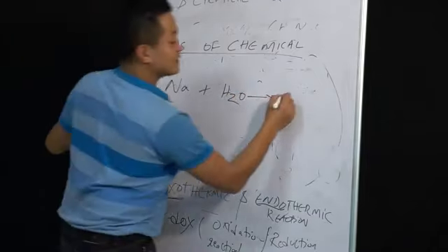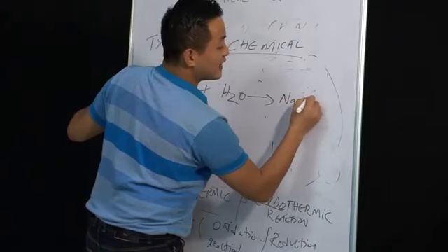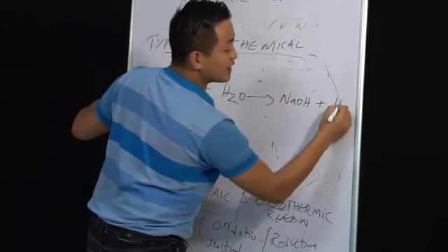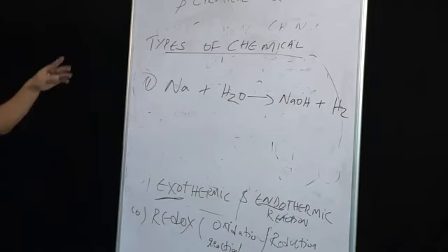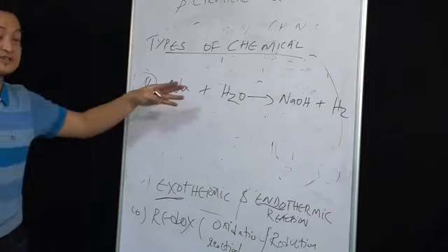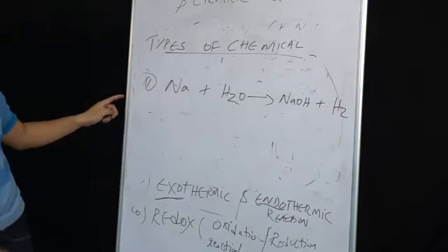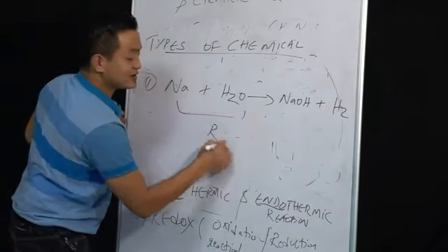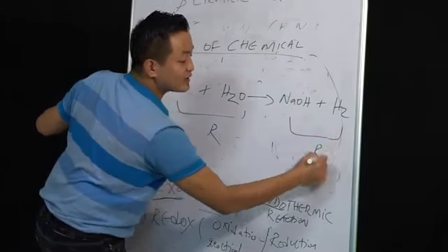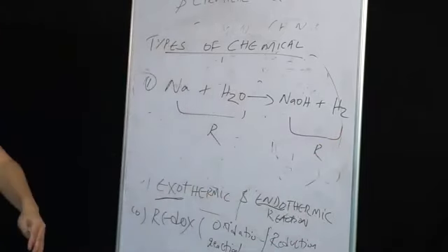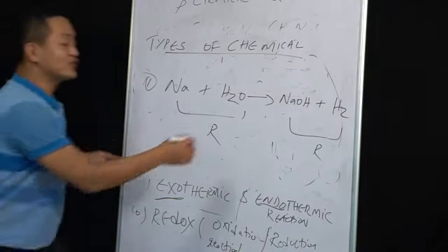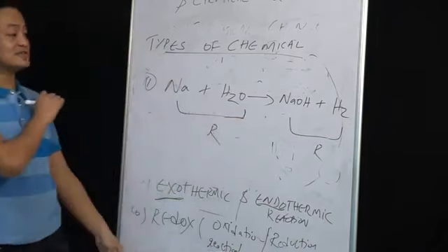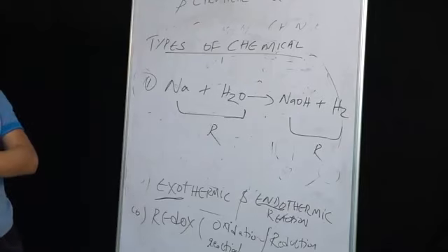This gives sodium hydroxide, NaOH, and hydrogen gas. So this is the chemical equation, and as I have explained, this side is the reactant and this side is the product. Try everyone. I will solve this in the next class so you can clarify it.